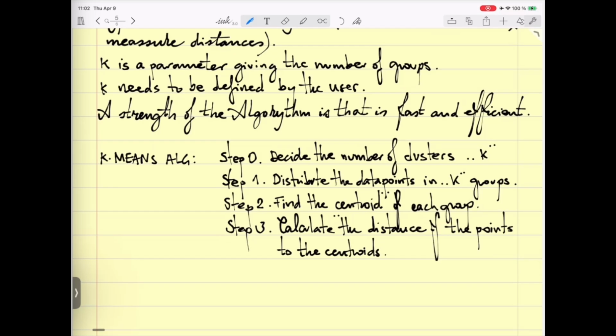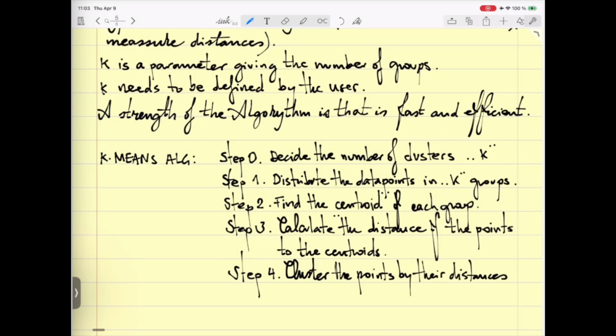Step number 4, cluster the points by their distances to the centroids.